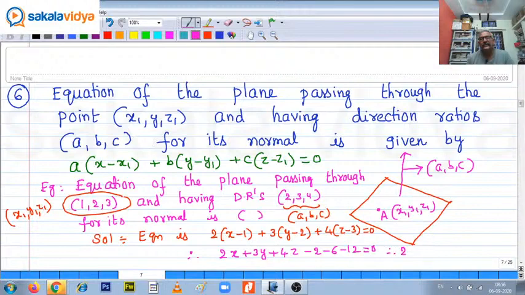Therefore 2x + 3y + 4z − 20 = 0. This is the required equation. So like this we can find out. Prasanna, absolutely correct.